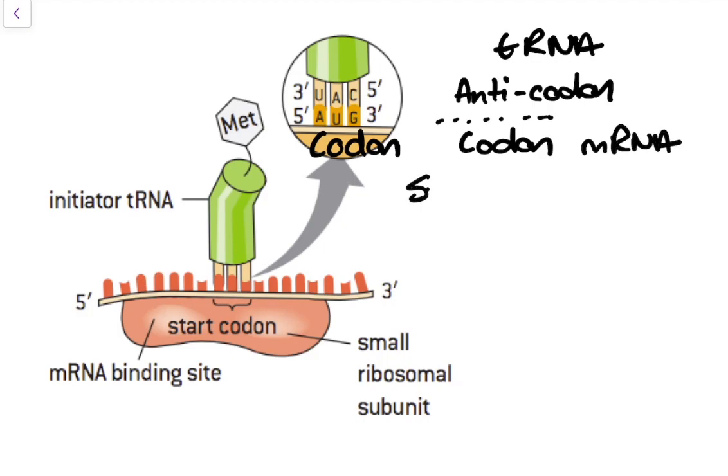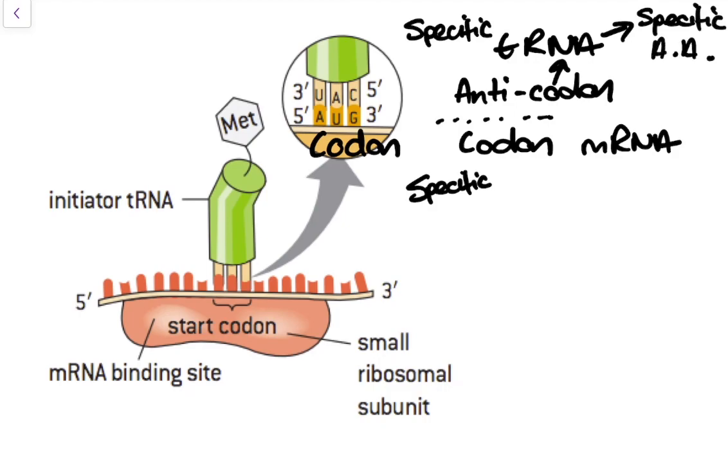So by a specific codon being matched by a specific anticodon, which is on the tRNA, we will get a specific amino acid being brought to the ribosome.